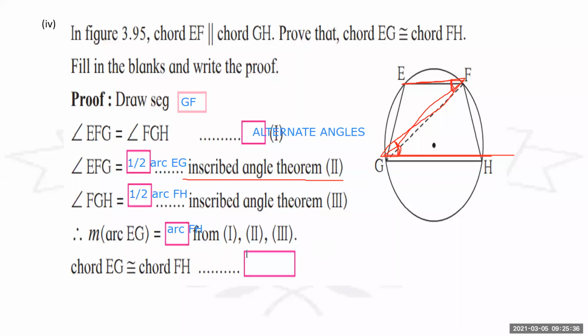What would be the reason for this? Chords corresponding to the congruent arcs.